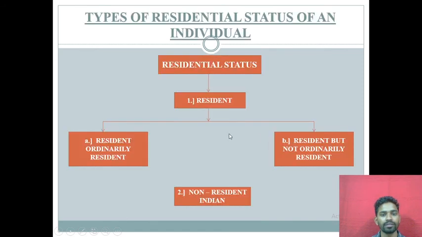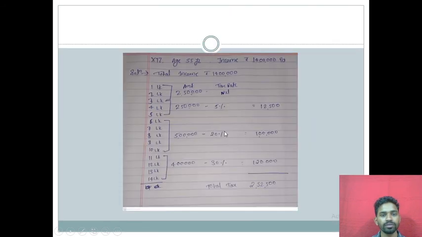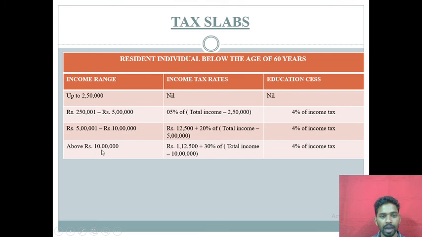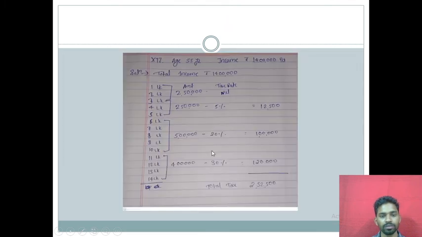Next, above 10 lakh, how many percentage? 30%. Now on which amount do we calculate this 30%? Up to 10 lakh, up to 2,50,000 there is no tax, 2,50,000 to 5 lakh is 5%, and 5 lakh to 10 lakh is 20%.